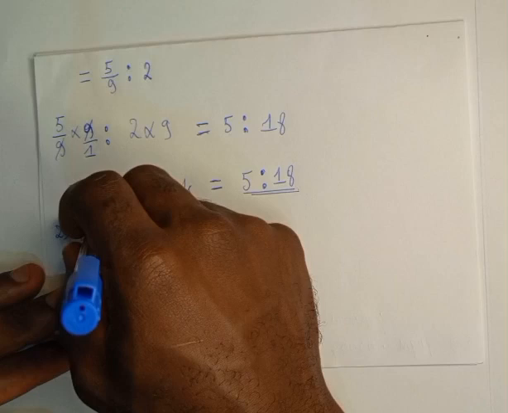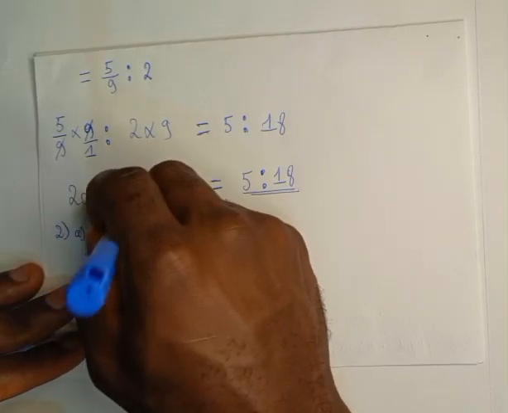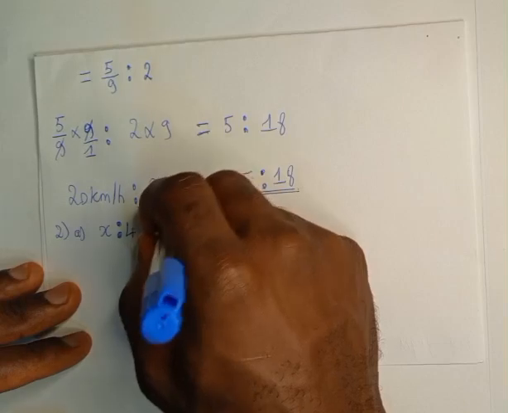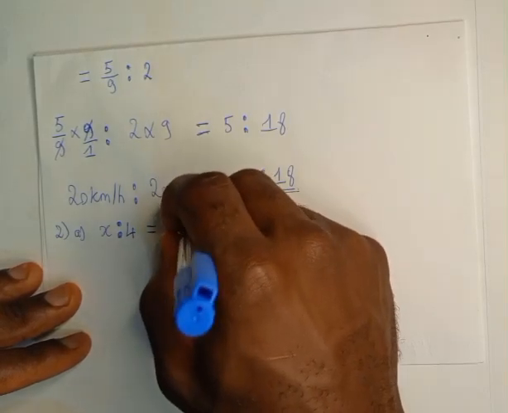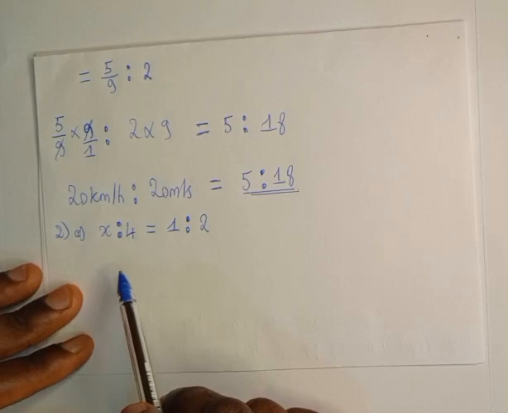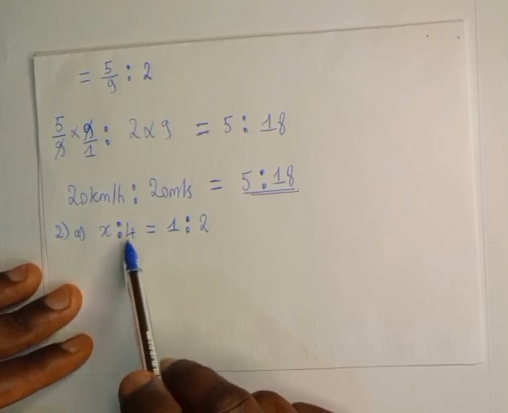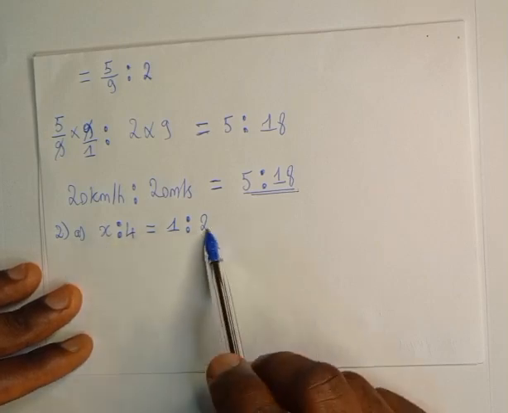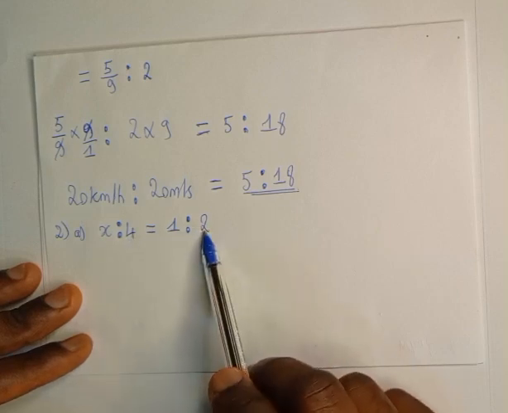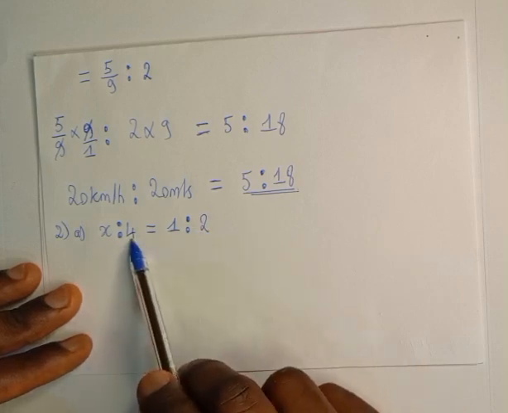A, we have x is to 4 is equal to 1 is to 2. Looking at the second component of the ratio at the left hand side and the ratio at the right hand side, 4 and 2, 4 is a multiple of 2.